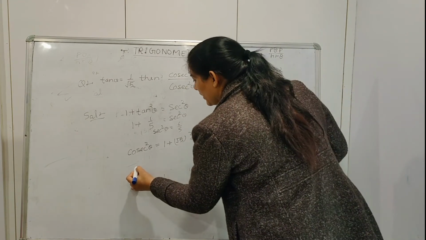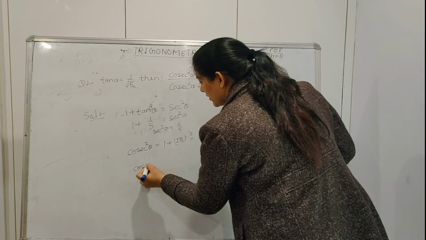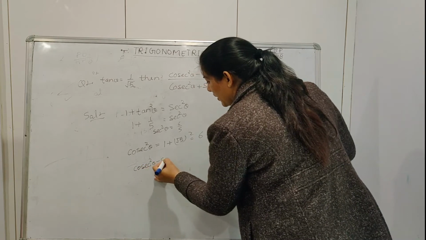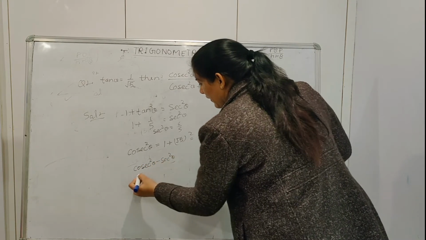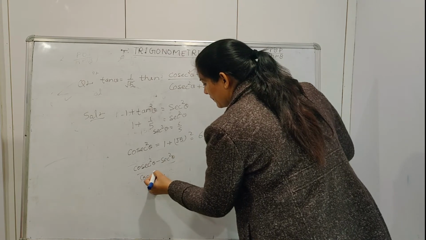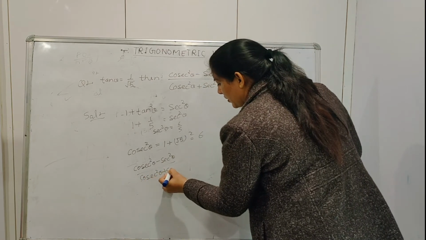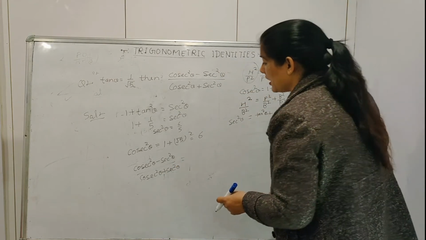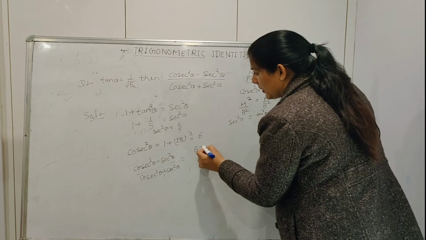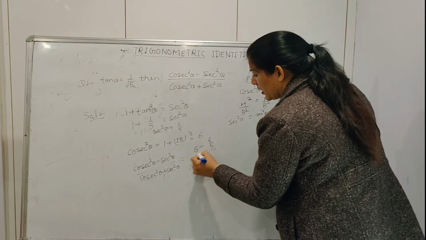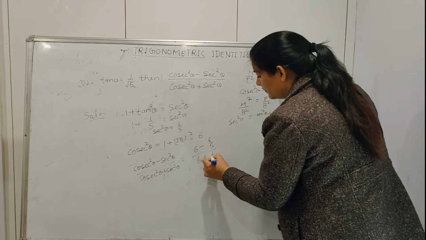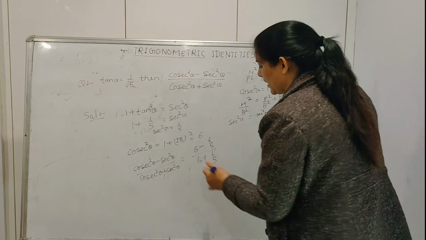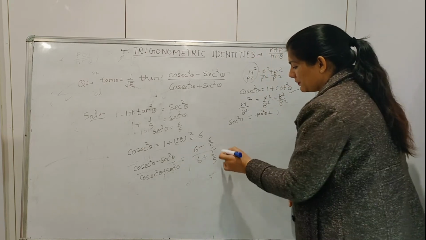You will get cosec square theta minus sec square theta divided by cosec square theta plus sec square theta. It is equals to 6 minus 6 upon 5 upon 6 plus 6 upon 5, and take LCM in the numerator and denominator.